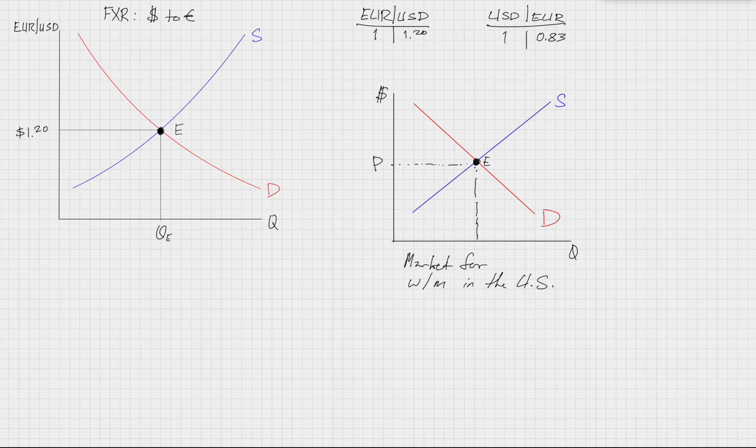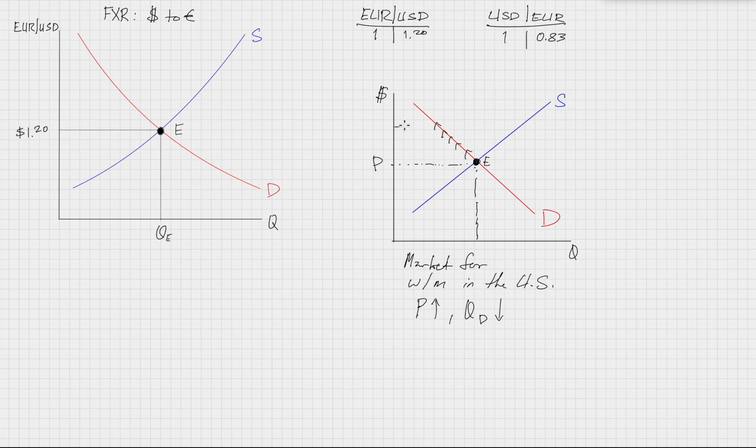So if the price increases for washing machines in the U.S., the quantity demanded will go down. So is that a shift in the demand curve or a movement along the demand curve? This is going to be a movement along the demand curve because it was a change in price only.